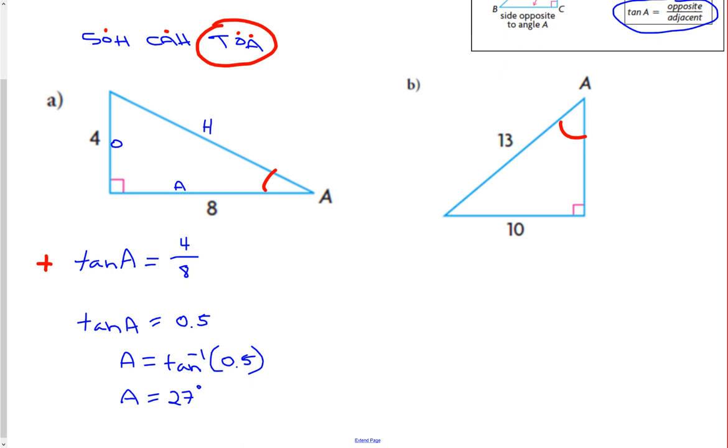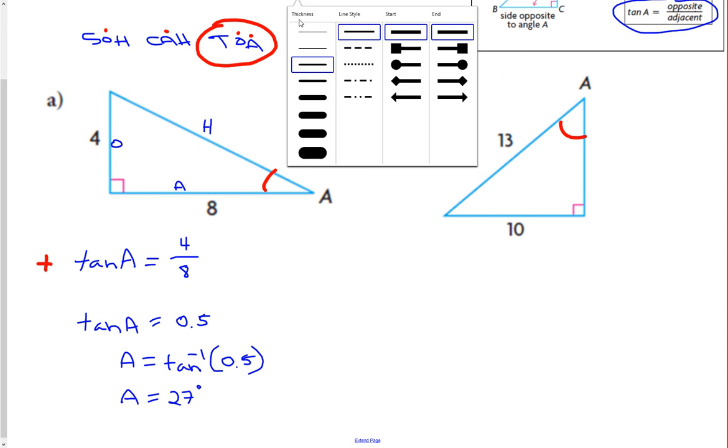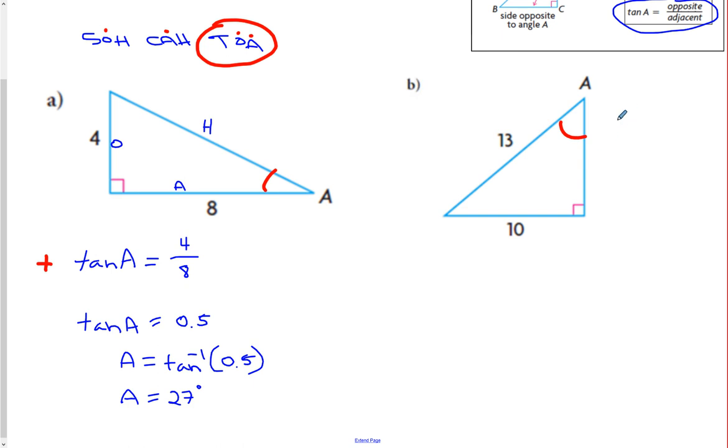Okay, I'm going to dive in on this one. If you're still going at it, keep it up. Great job. I see my angle A is up here at the top, so I'm going to label this as my opposite, this is my adjacent, and this is my hypotenuse.